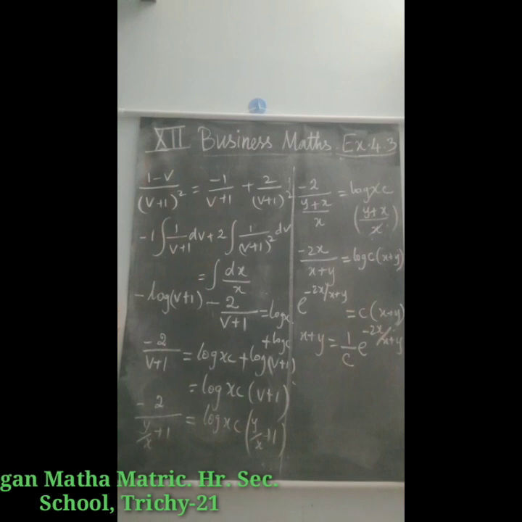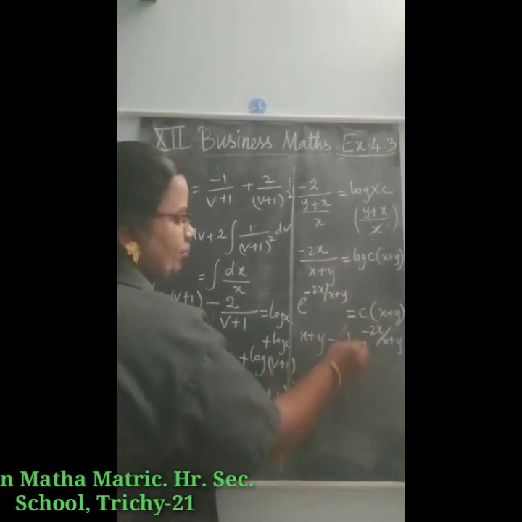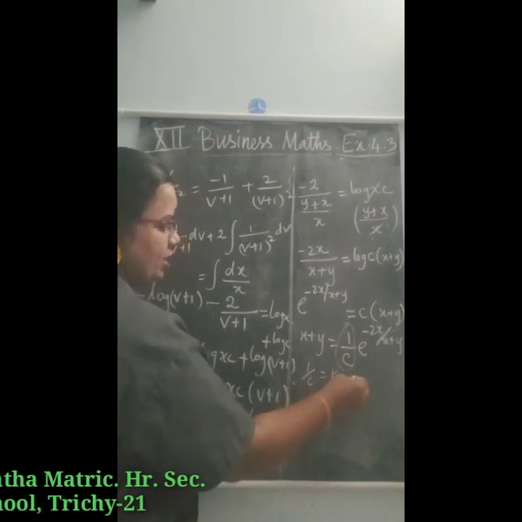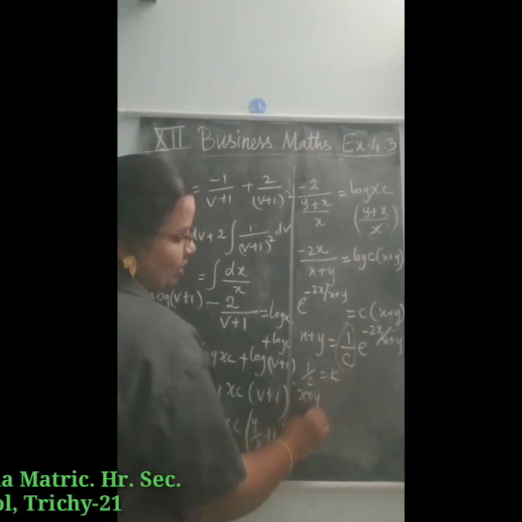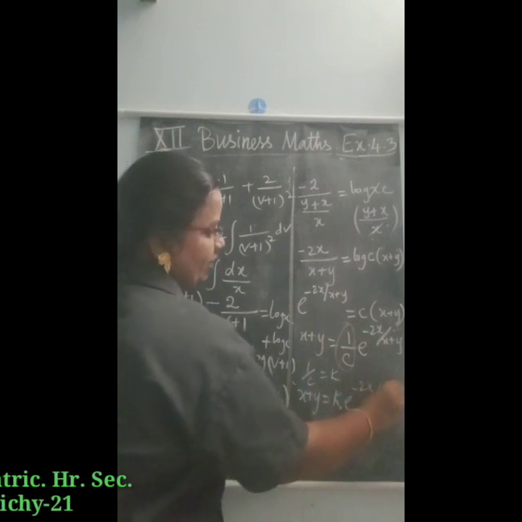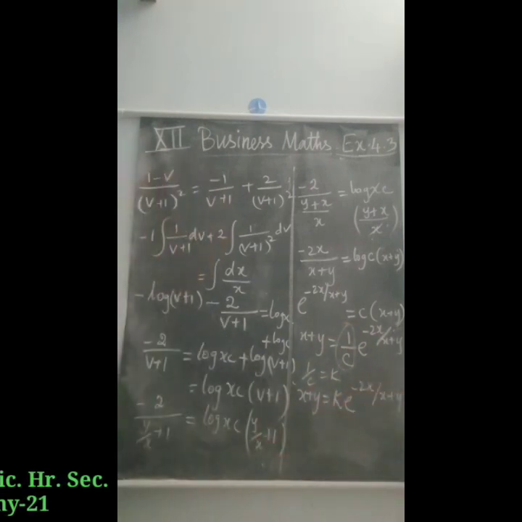And we take 1 by c is equal to k, which is another constant. So x plus y is equal to k e power minus 2x divided by (x plus y) is the answer.